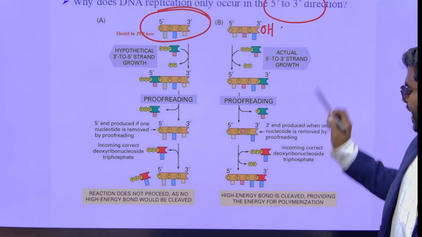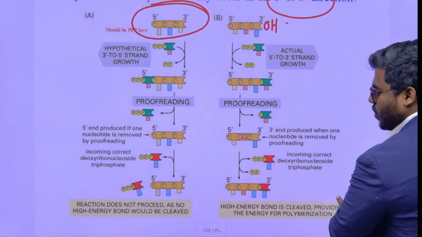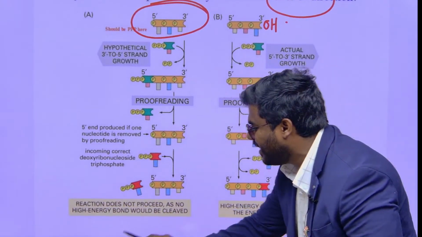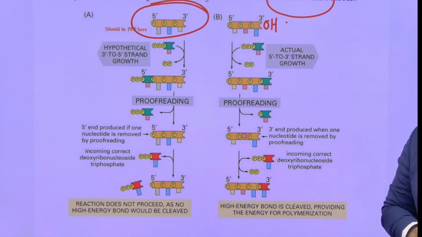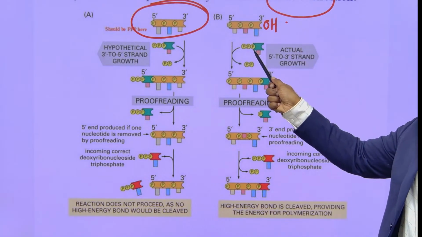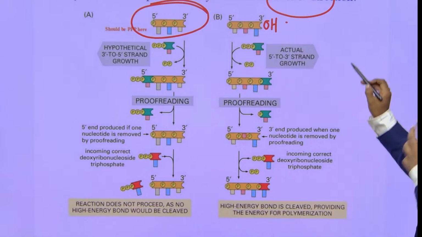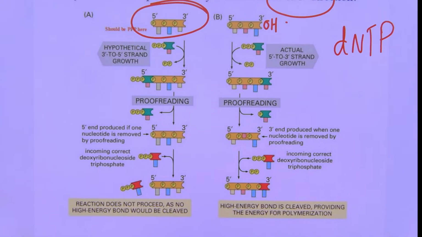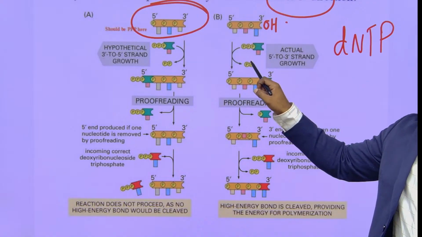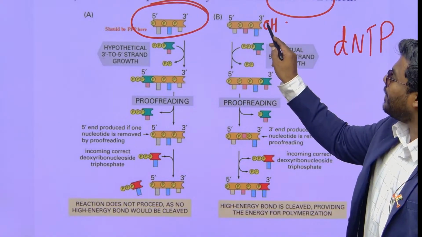And at the start of the lesson, I told all of you very clearly that whenever a nucleotide comes and is added, it always comes with how many phosphates? 3 phosphates. Always remember, nucleotides will come in the form of dNTP. Hence 3 phosphates are coming.